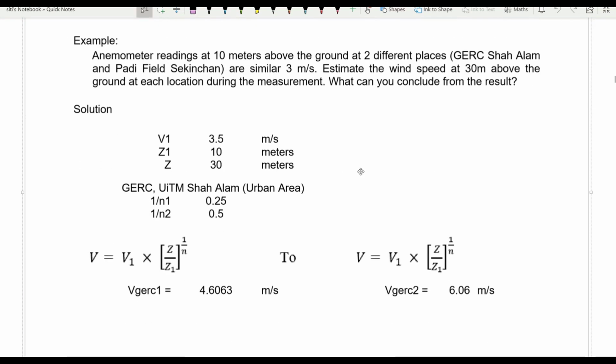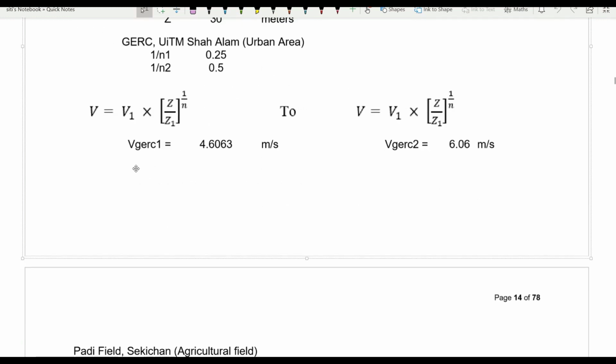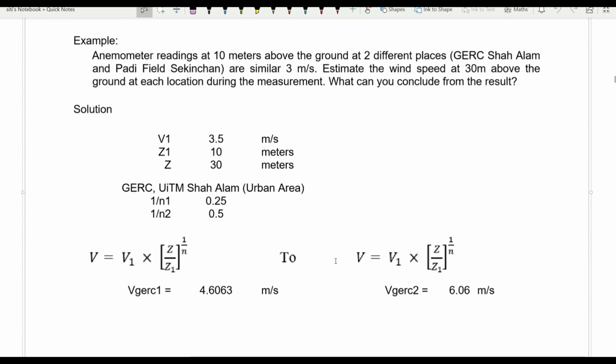This is 4, 1 over 4, you get 0.25. So the wind speed at GRC at height 30 meters is between 4.6 until 6 meters per second.